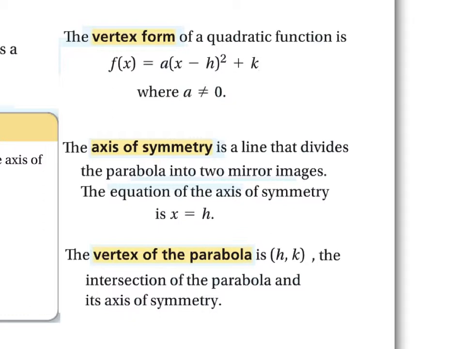And again, that h simply comes from the x coordinate of your vertex. So, essentially, nothing has changed. As far as pulling information from the equation, it's exactly the same as it was for absolute values and for square roots. Exactly the same information being pulled from the graph.